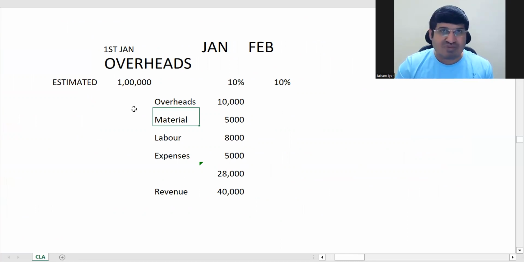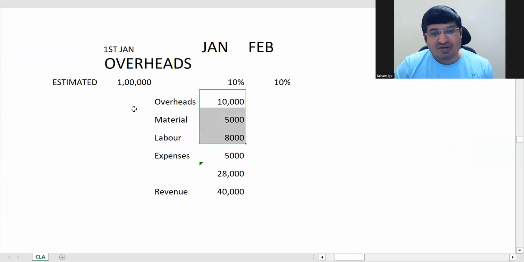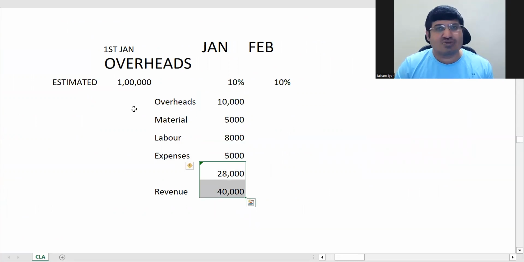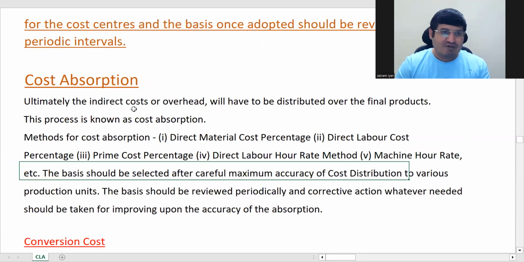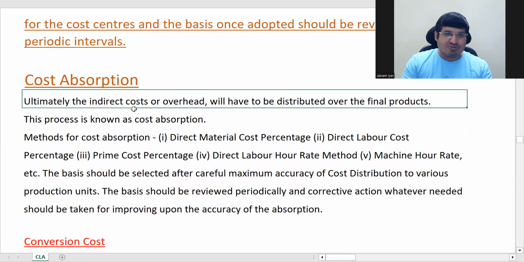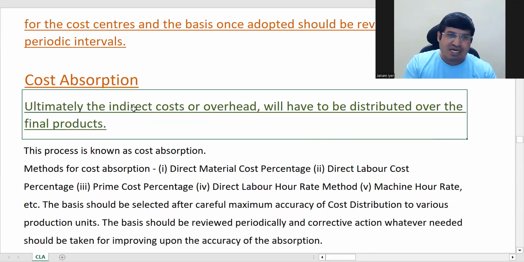But absorption is the final loading of costs to the bill which you give to the customer. And here you actually get to know what your profit is for this bill. Here it is 12,000. So this is your cost absorption.